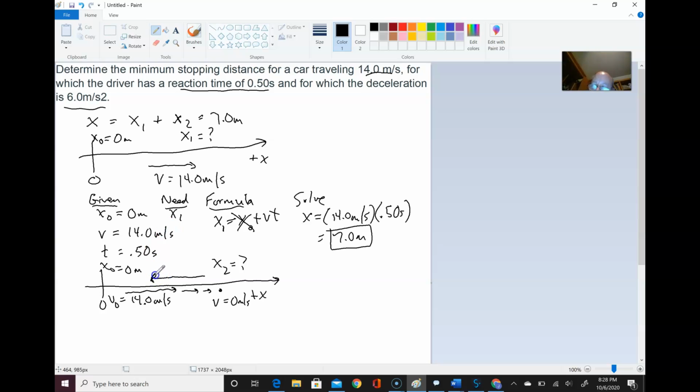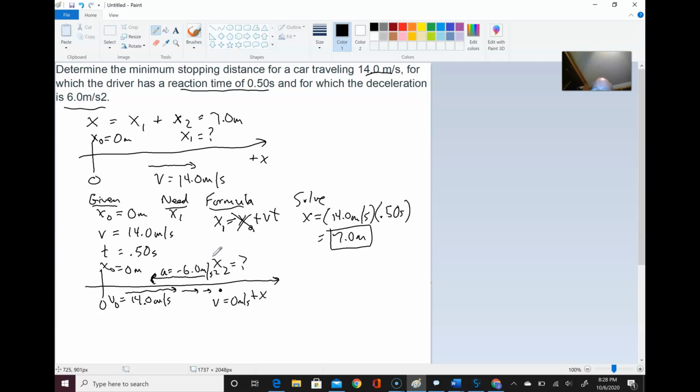So I have a negative acceleration here because the acceleration is pointing in the negative direction, and that's what's required to make it slow down if it's going in the positive direction. And so I have to say it's not 6 meters per second squared. I have to say that it's negative 6.0 meters per second squared.